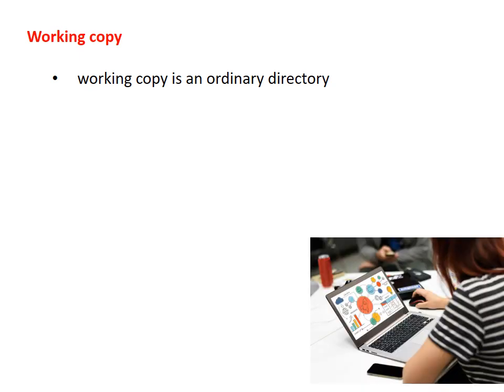The next one is working copy. It is also called workspace. It is an ordinary directory on your local computer that contains all the files which we retrieve from the repository at a specific time.